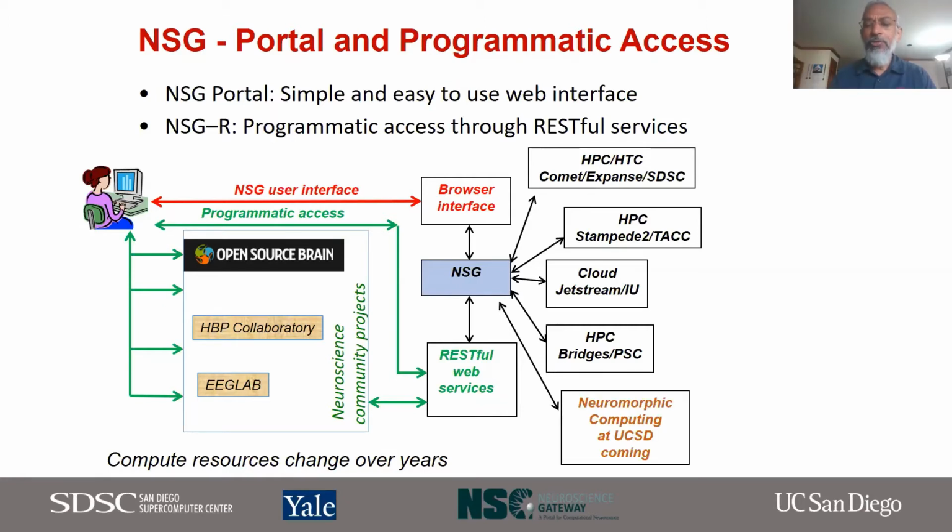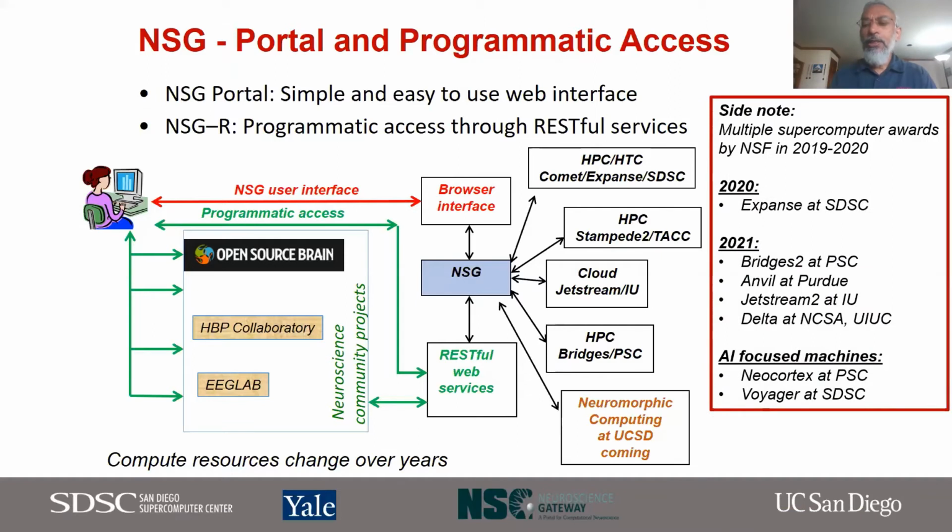A new neuromorphic computing design at UCSD will become available to NSG also. In the years 2019 and 2020, the US National Science Foundation has funded multiple new supercomputers at various sites. Over time, we hope NSG will have access to those machines also, including machines that are focused on AI research.